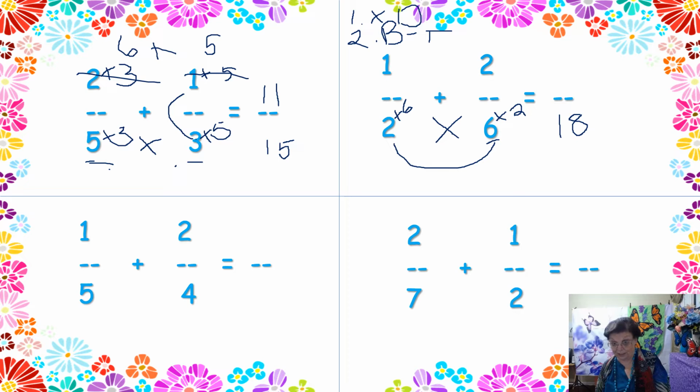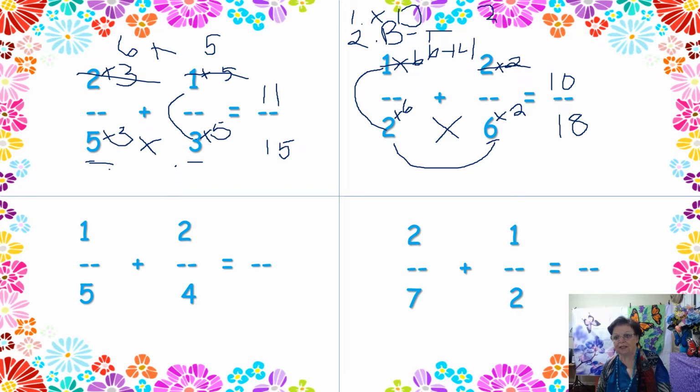Whatever I do to the bottom, I have to do to the top. So I have to multiply the 1 times 6 and the 2 times 2. Now, I have 1 times 6 is 6, plus 2 times 2 is 4. 6 plus 4 is 10. The answer is 10/18. Oh, I didn't tell you step 3.